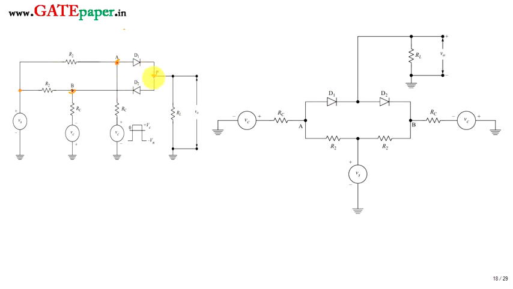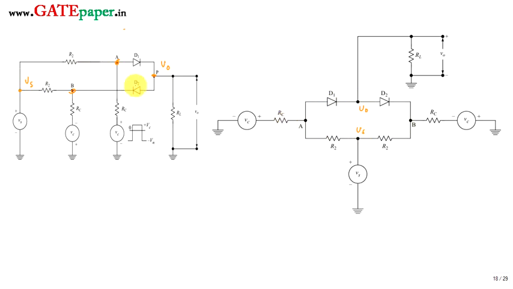This node is connecting with V0 and this node is connecting with Vs. So this is the V0 node and it is the Vs node. This is node A, node B. So simply add the elements which are present between these nodes.